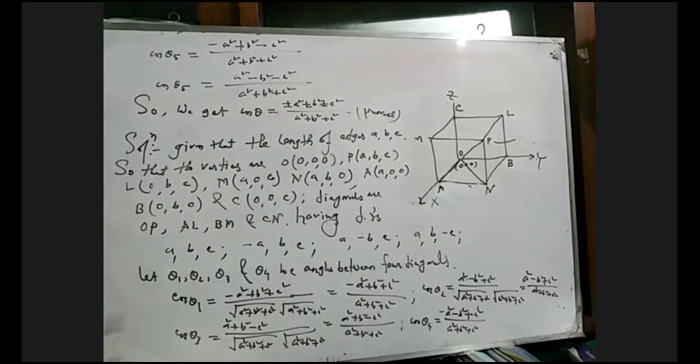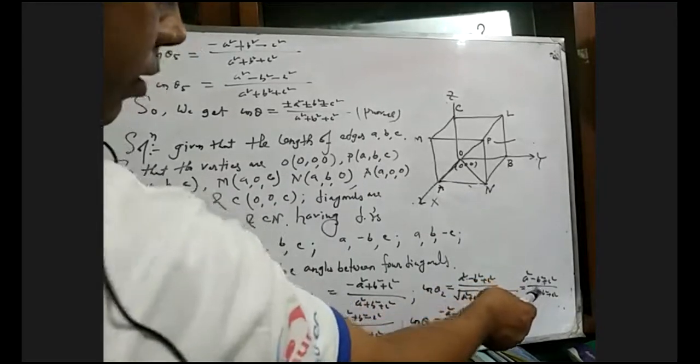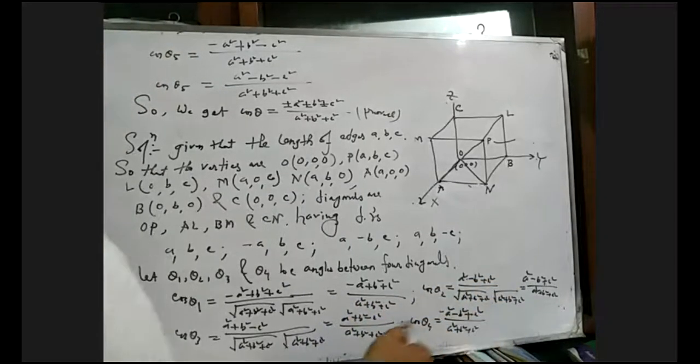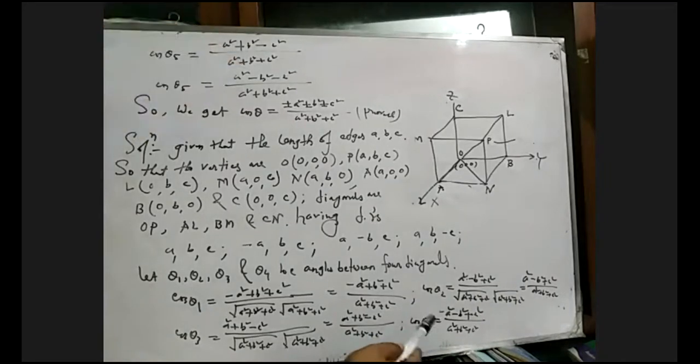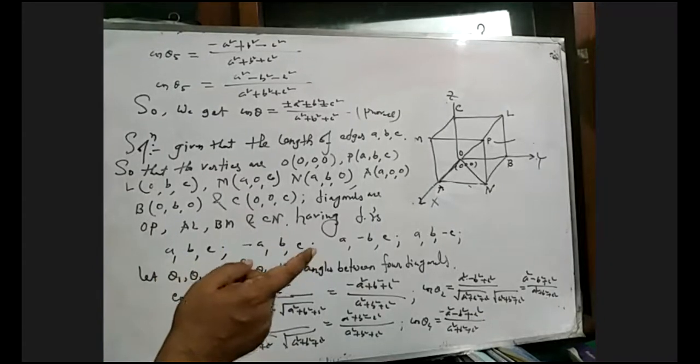First of all, we get minus a square, minus b square, minus c square, minus a square minus b square, minus a square minus c square, minus b square minus c square. Then ab, bc, ca.